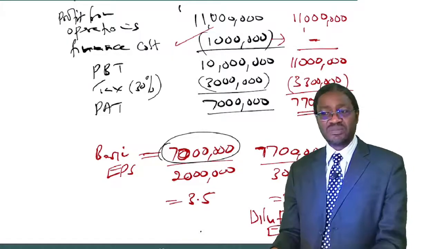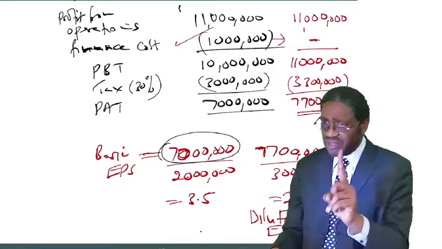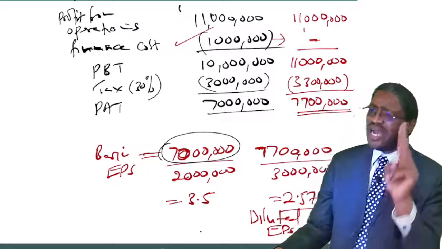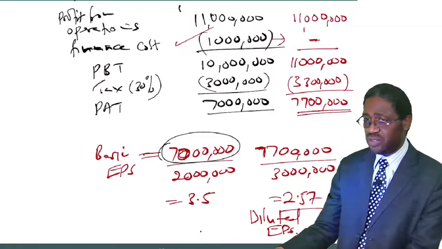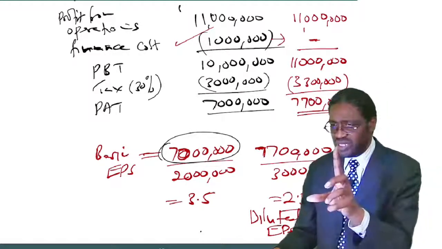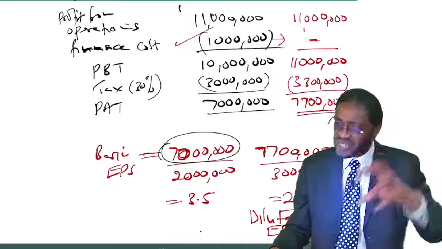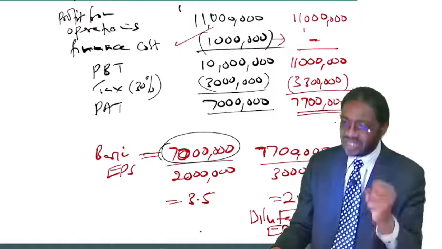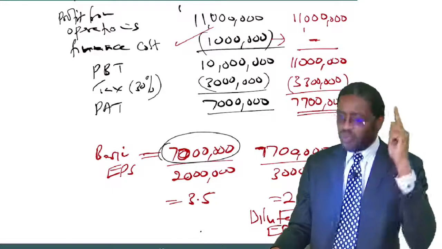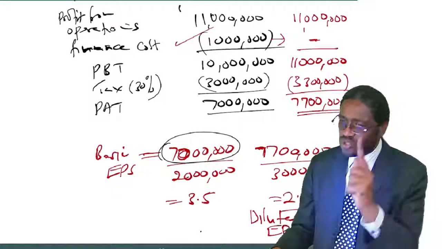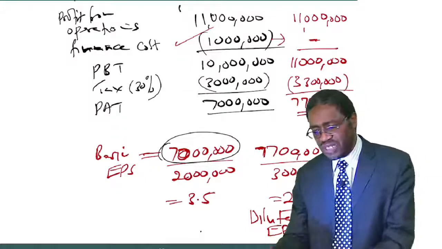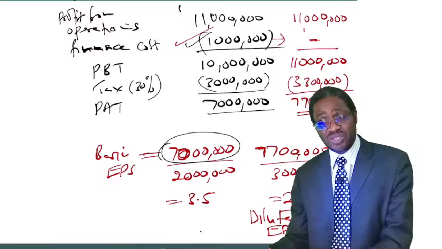Good. Now listen. Now that our company has convertible debentures, it is obvious our company would have saved the interest we paid them. We paid them this year interest of 1 million. I hope you can see it up there as the finance cost.